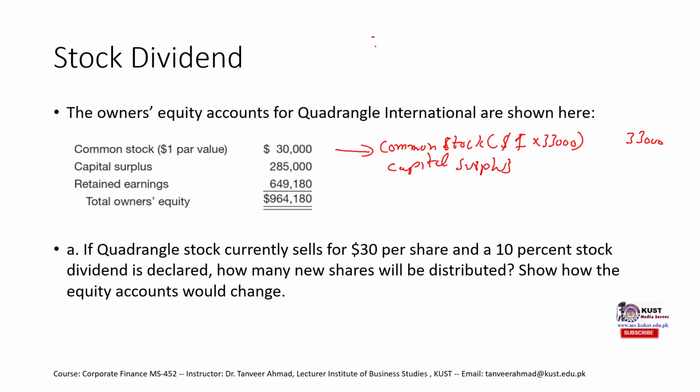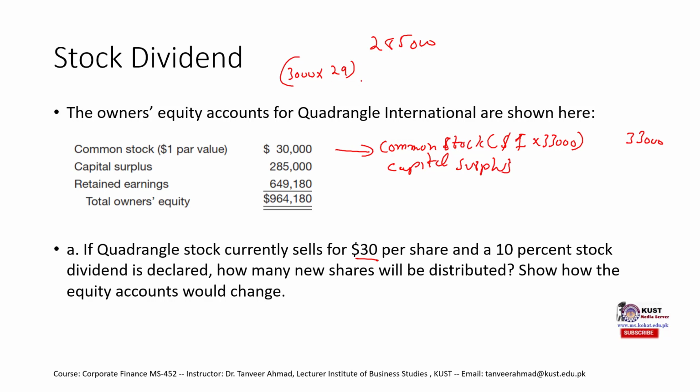Next would be the capital surplus. So previously we had 285,000 capital surplus. Now 3,000 new shares are issued, and each share price is $30, but one is par value, so the remaining excess capital is 29. So this $1 is already recorded. The simple idea is that it is already recorded in common stock, so the excess amount is 29.